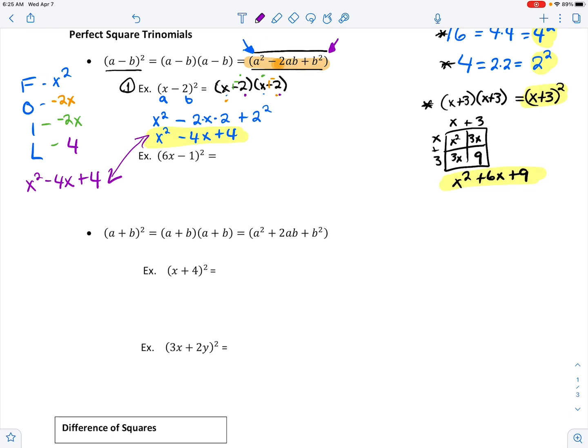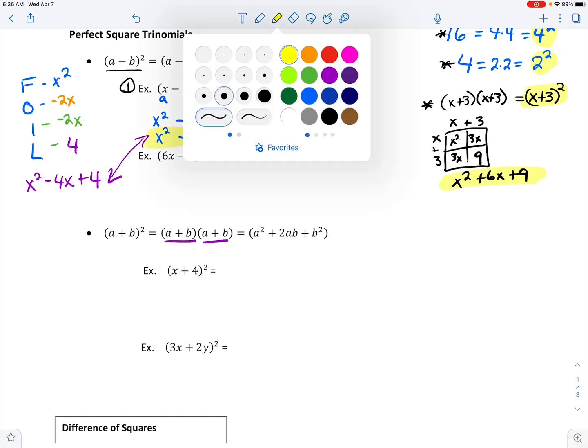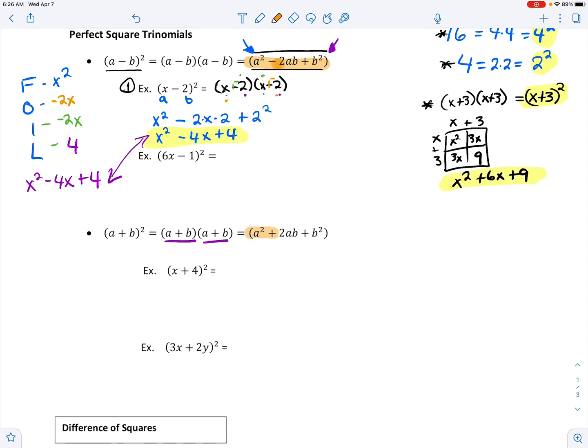The next type of perfect square trinomial is a plus b quantity squared. When we have that squared, that just means a plus b times a plus b. And when we multiply these, this is our result here: a squared plus 2ab plus b squared.